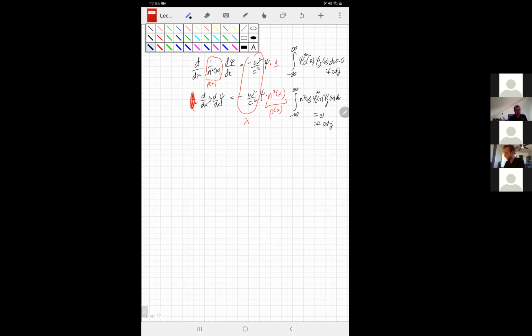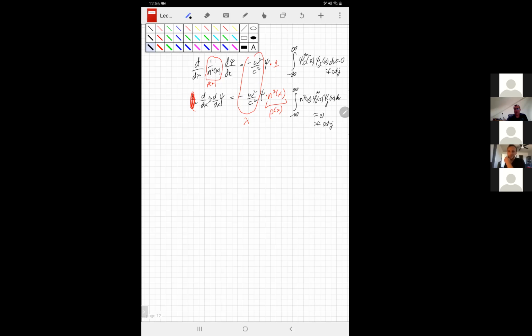Likewise, in order to take the derivative of 1 over n squared d psi dx, 1 over n squared times the first derivative has to be continuous. If 1 over n squared times the first derivative is not continuous, then we can't really take a derivative of it. Now, technically, there are some things we can do with delta functions. Let's not go there today.